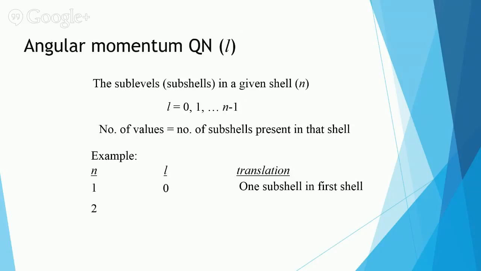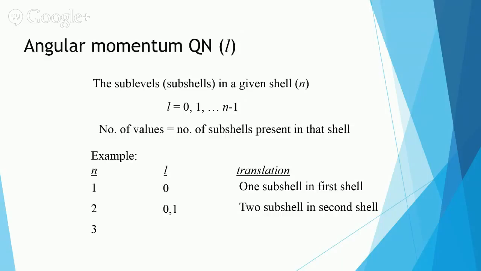Shell number 2 has 2 possible values of L, 0 or 1. What that means to us is that there are 2 subshells in the second shell.